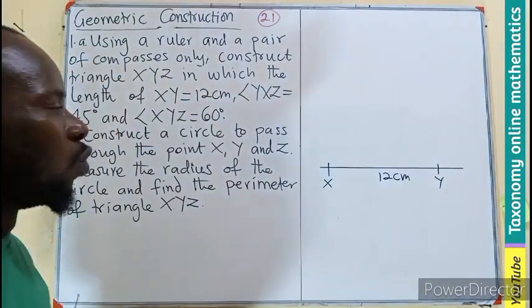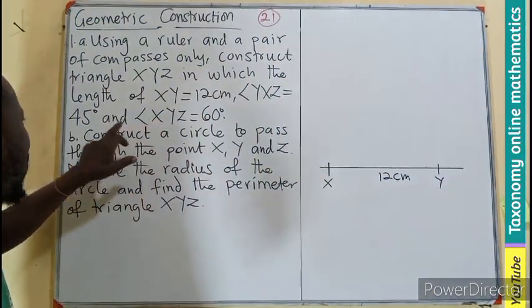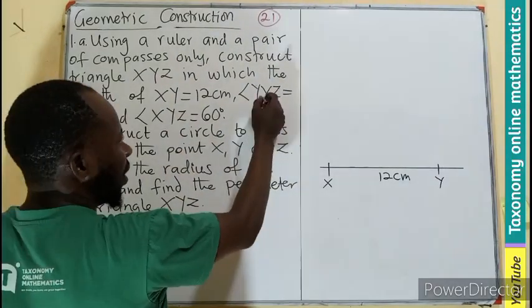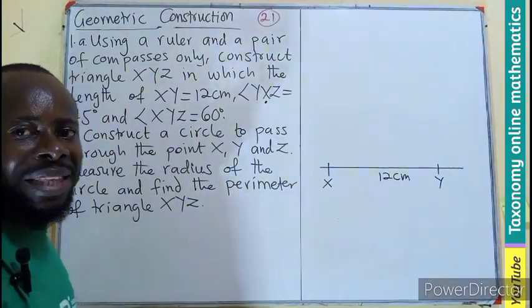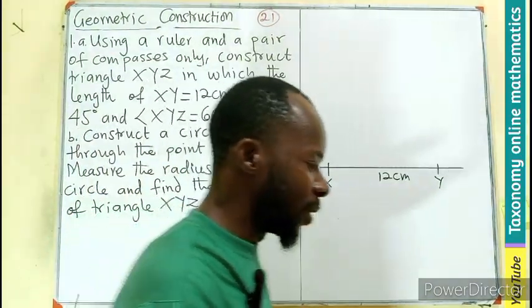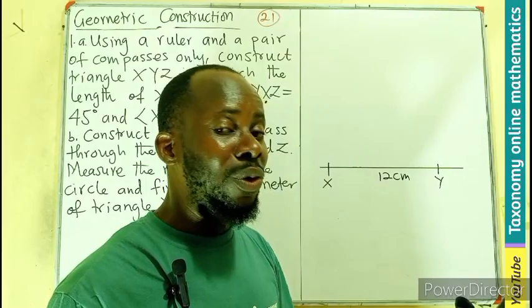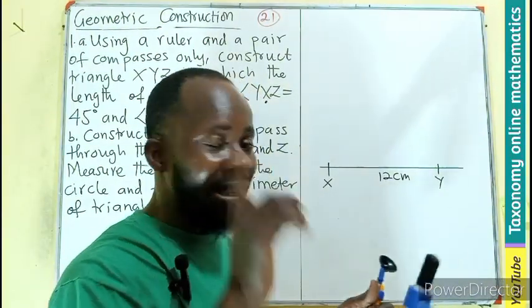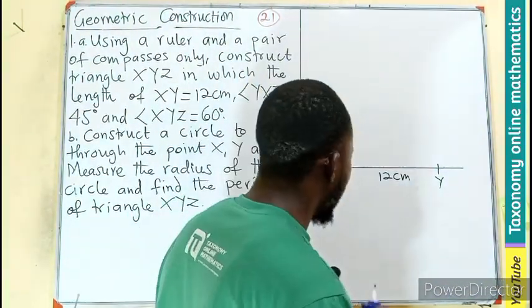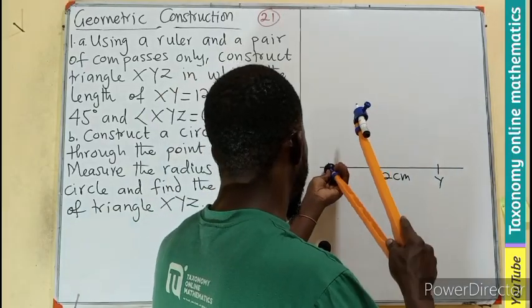The next thing to do is to construct the angle 45, which is sitting on the letter X. The middle letter takes on the angle. We will not waste time because we've learned how to construct angle 45. We construct angle 90 as the first one, then we bisect. Let me go to the procedure.